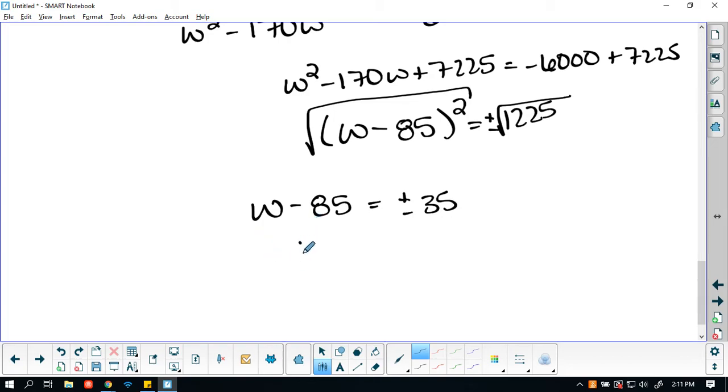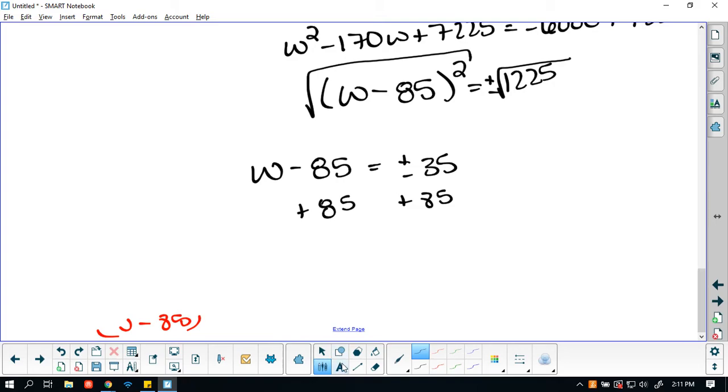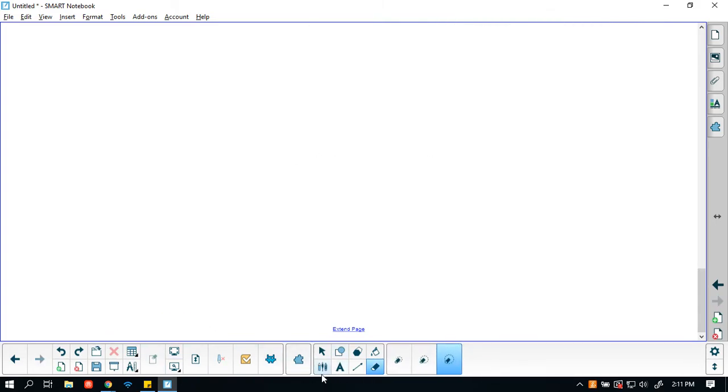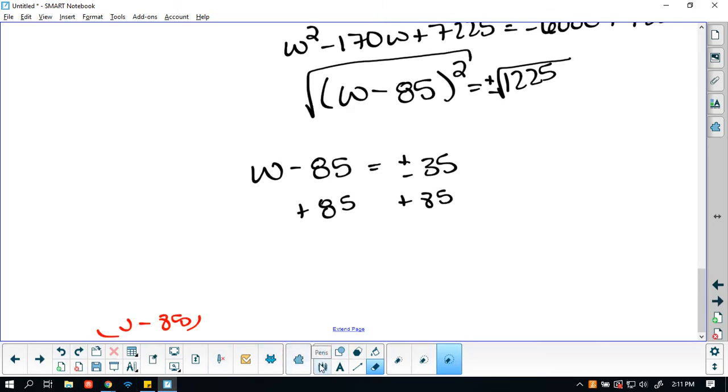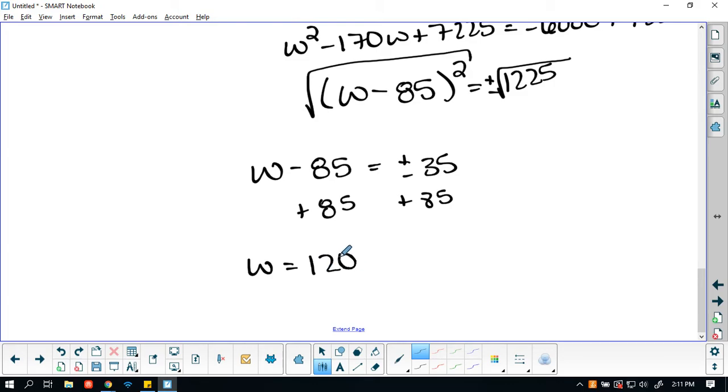I'm going to add 85 to both sides. And we have two different solutions here. The first solution is going to be W equals 85 plus 35, which is 120. And then the second solution is 85 minus 35, which is 50.